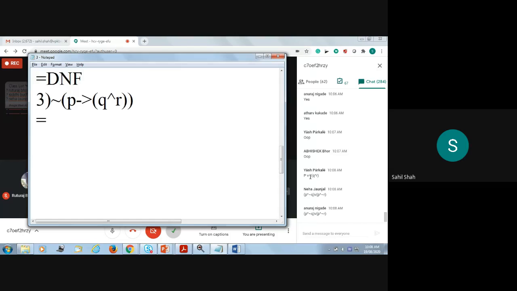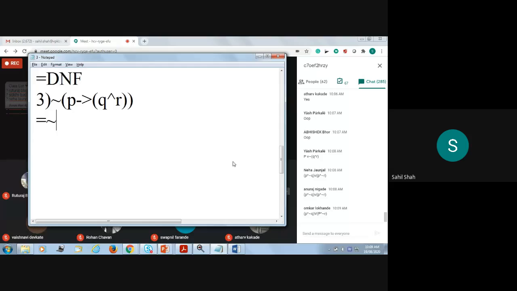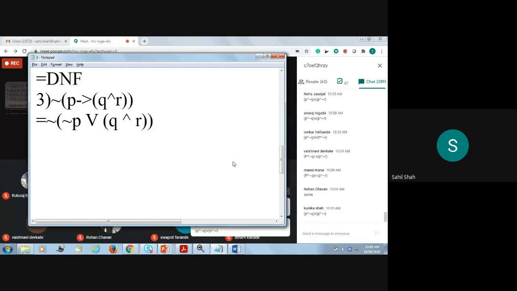If you apply negation inside, it becomes negation Q or negation R, and further you can make use of the distributive law. So let me have the solution here: negation of negation P or Q conjunction. Yeah, correct. Punika, Rohan, Mansi, Vaishnavi, Omkar, all are correct.